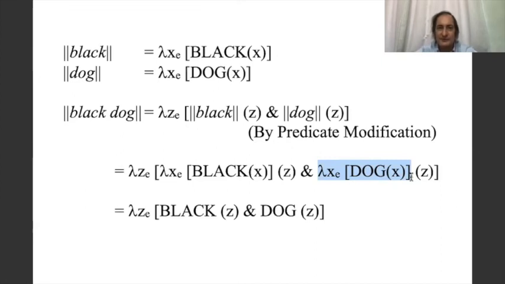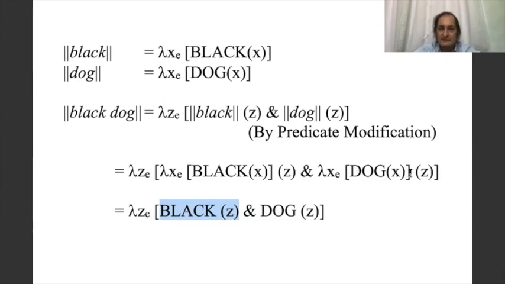Now we have two more things that are of the form of a function applied to an argument. This is the function. This is the argument. We have to take the argument, substitute it for the occurrence of x here, and we get black of z.